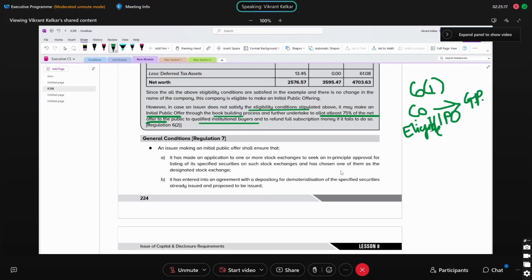But the twist is, suppose the conditions are not fulfilled, in case of regulation 6(2), a company can have an IPO and can collect funds from the general public, but the twist is the system of raising the funds should be book building.